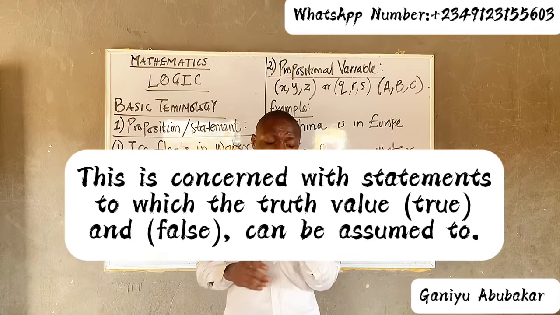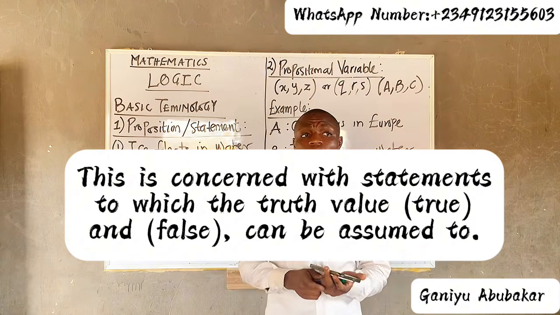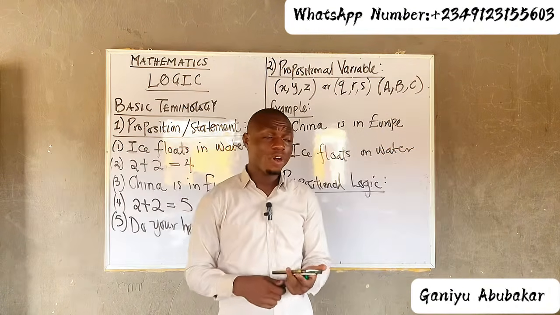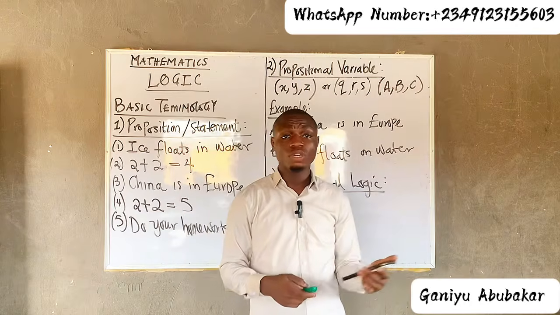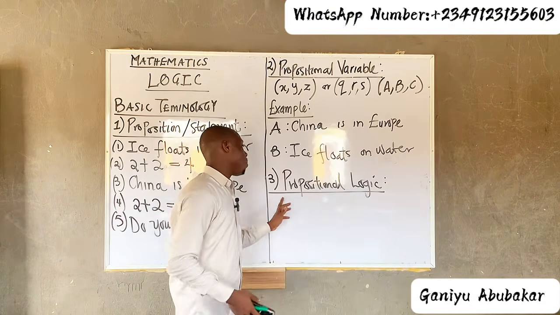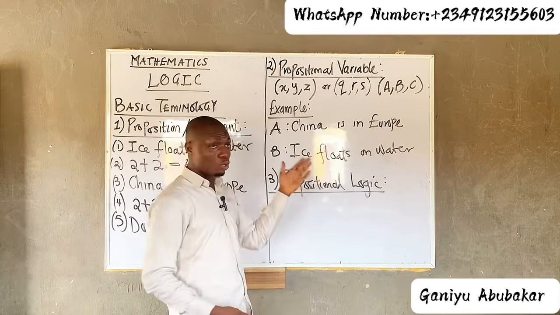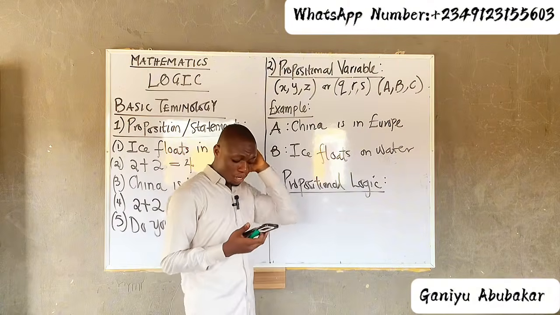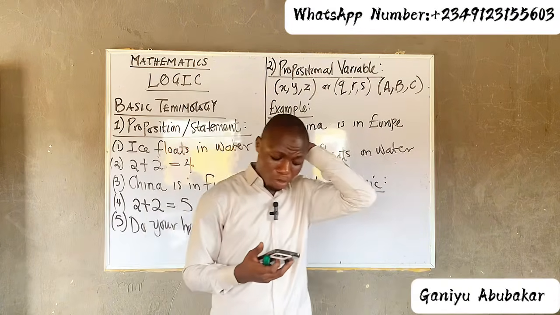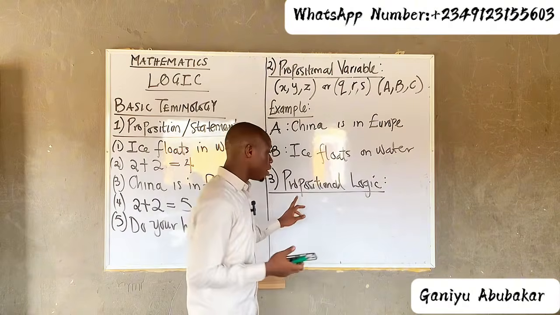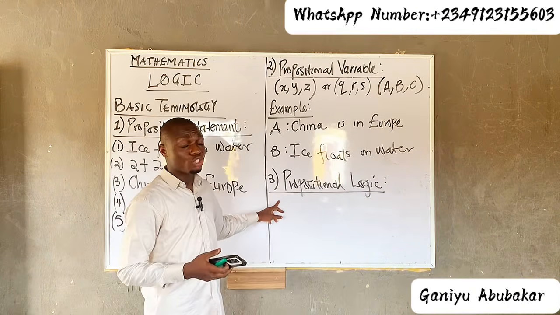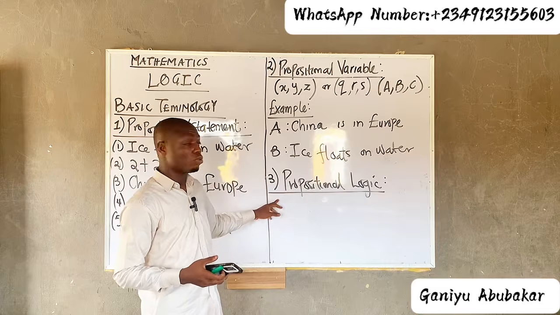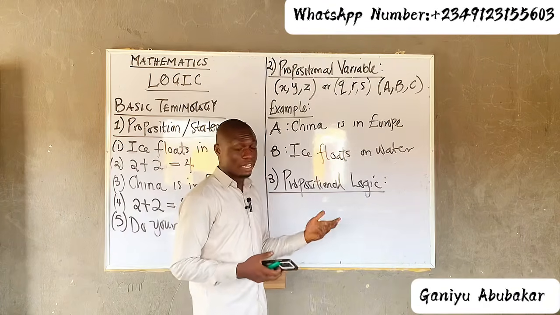So anything that can be assigned true or false is said to be propositional logic. That's by the way. So that's the third terminology. I will explain this one further when we go into the concept of truth table.